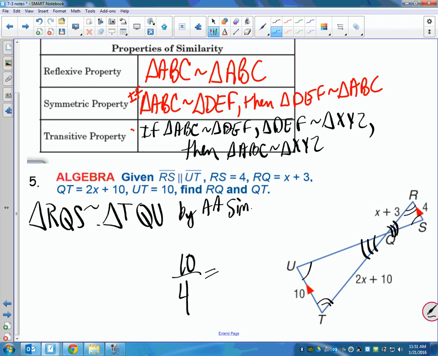So if I say the ratio of UT over RS, then I could say TQ over RQ. So then I can say 2x plus 10 over x plus 3. The extra part today is yesterday they told us they were similar. They just didn't tell us. Today you have to tell me why they're similar first, and then you can solve it.